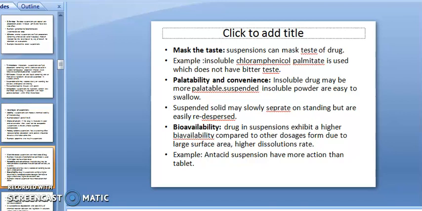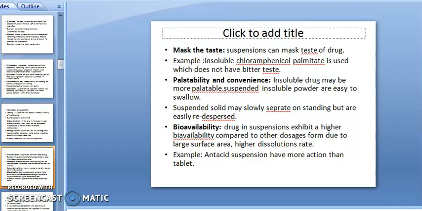त्यानंतर आहे bioavailability. Drugs in suspension exhibit the higher bioavailability compared to the other dosage form due to the large surface area, higher dissolution rate. Because drug containing the smaller particle size has the larger surface area and a higher dissolution rate. Higher dissolution rate should be the higher bioavailability.